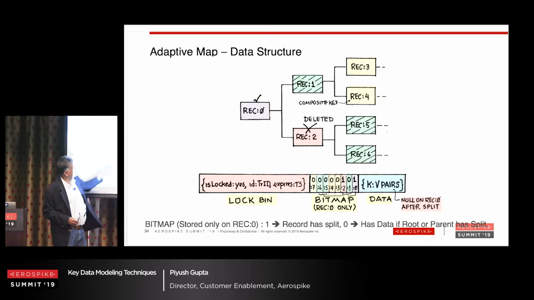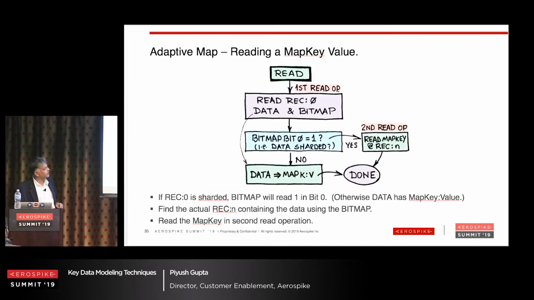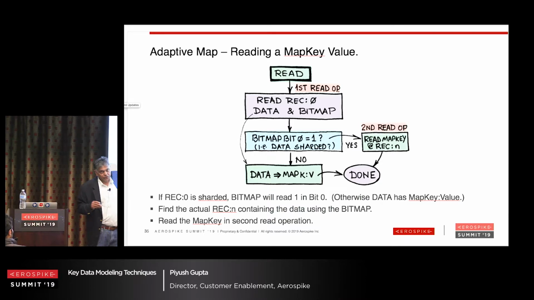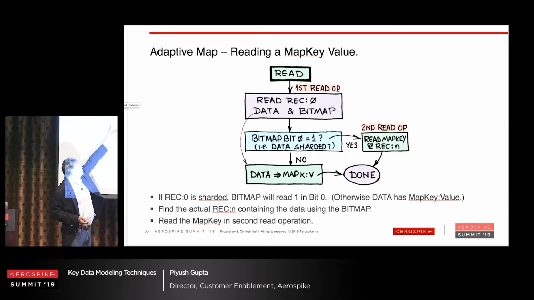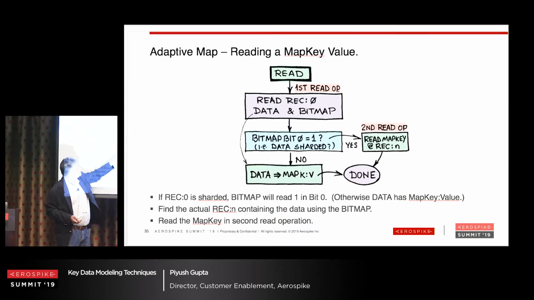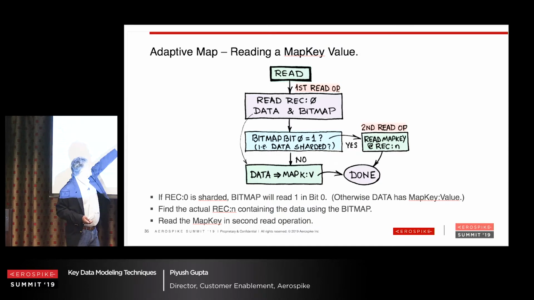So as long as I read record 0, I know where my data is. Let's look at how this works. For a read, you'll need 2 read operations once you have split, right? First, I'm going to read my record 0. I'll read both the data and the bitmap. Now, if the bitmap tells me this record 0 was split, that means it is 1, I'll be able to read the bitmap and figure out which record n has my data.